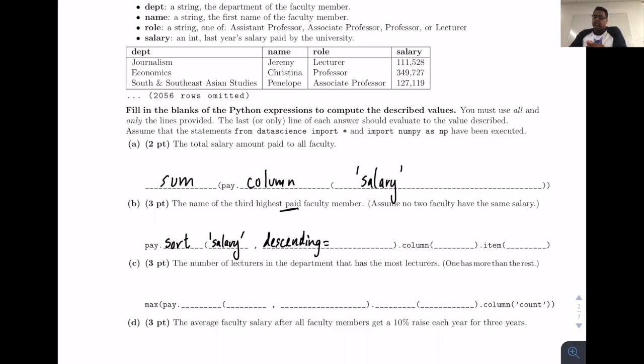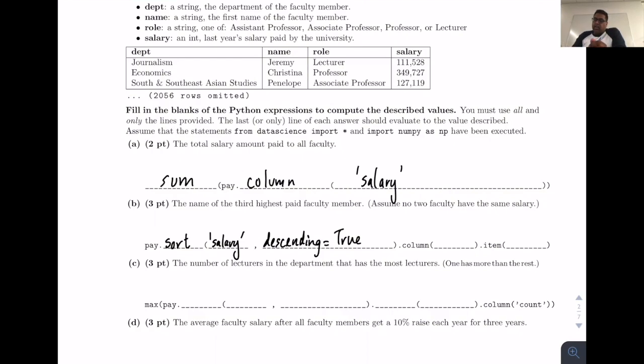If descending is true, we're going to start off with the greatest salary value and move down, and then the last index, like the index 2059 minus 1, will contain the value of the lowest paid faculty member, and 0 will contain the value of the highest paid faculty member, which seems like something we want, because our question is asking us to find one of the highest paid faculty members. It'd be easier for us if the highest paid faculty member was at index 0. So you want descending to be equal to true because we're going to be dealing with the higher values.